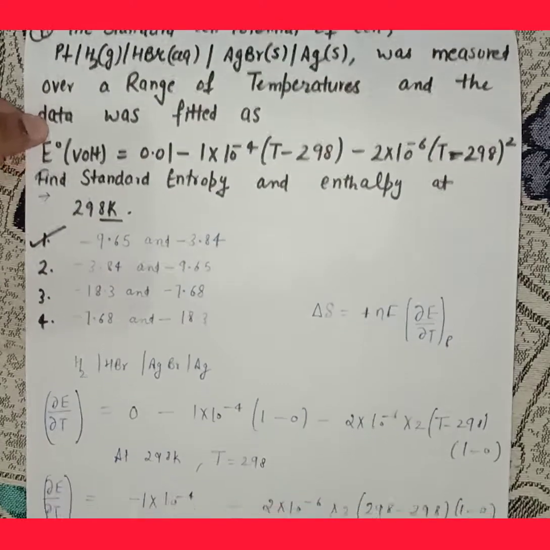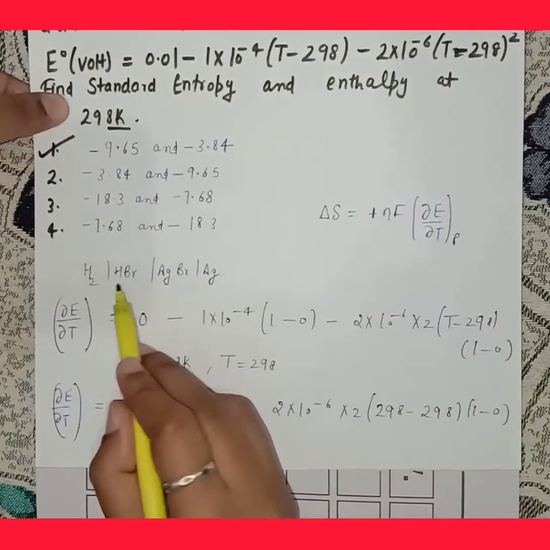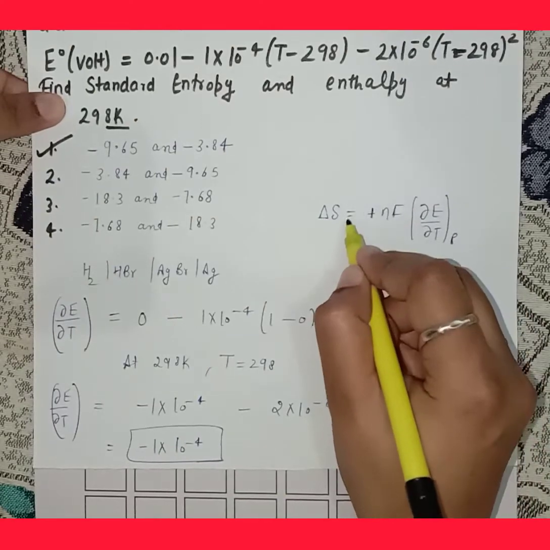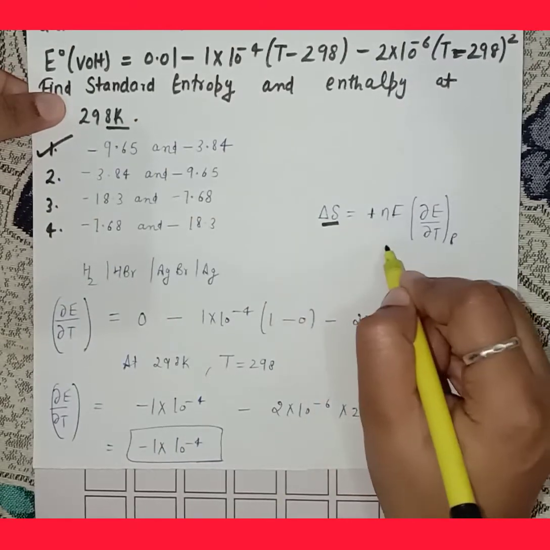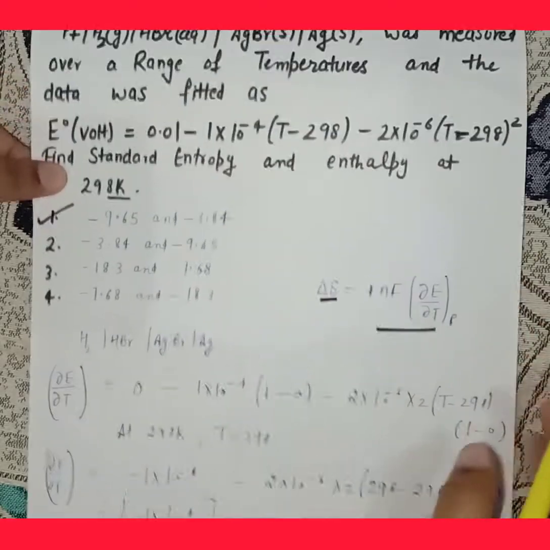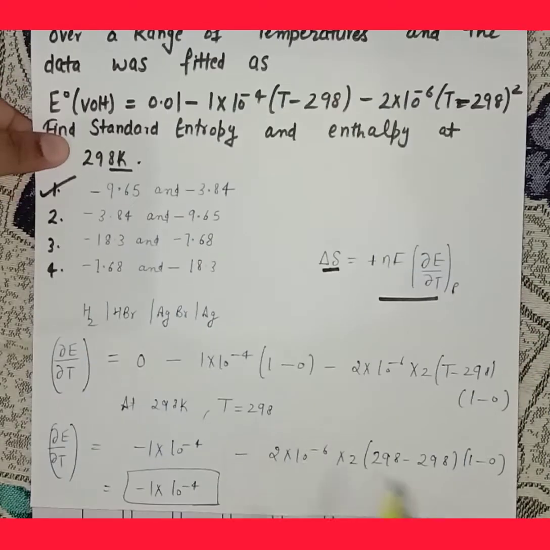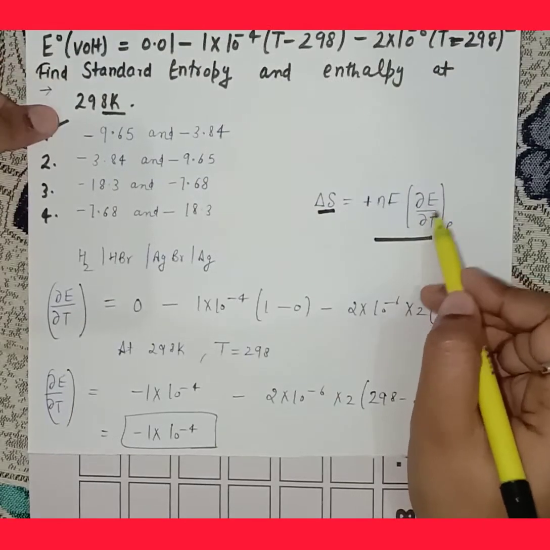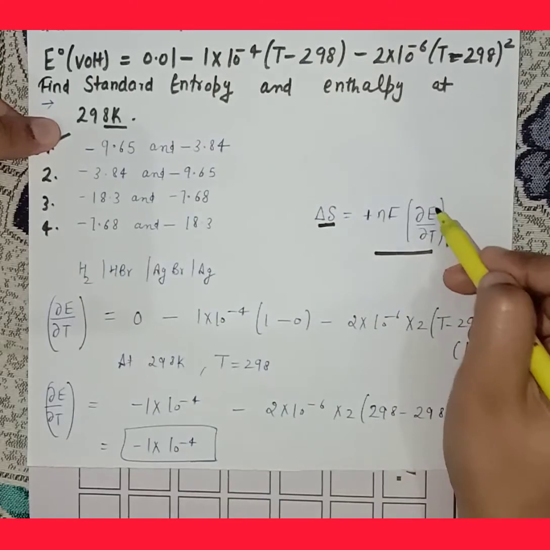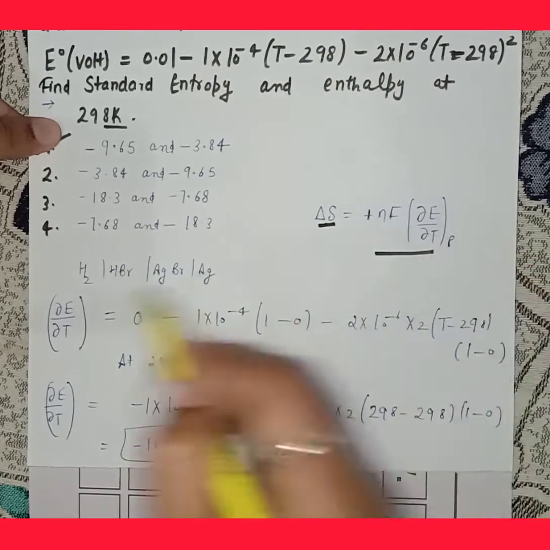First of all, this is our equation, and we know the standard entropy change formula. We have the value of E, and we have to find delta E upon delta T, so differentiate this E with respect to T.